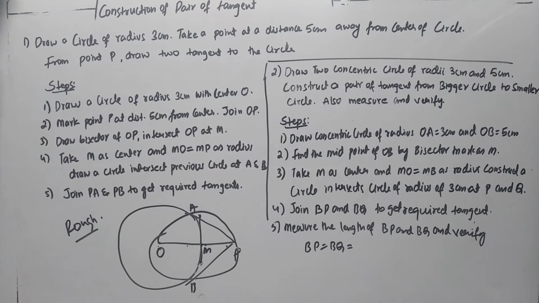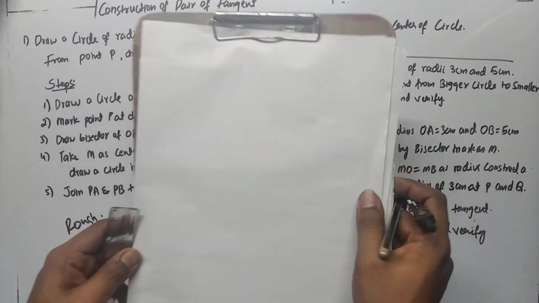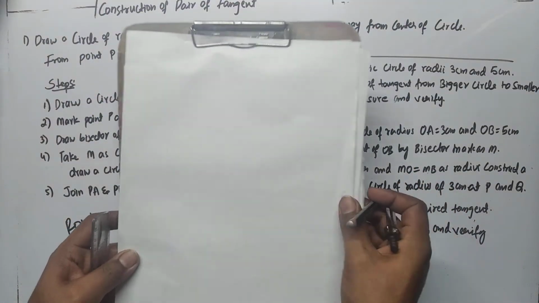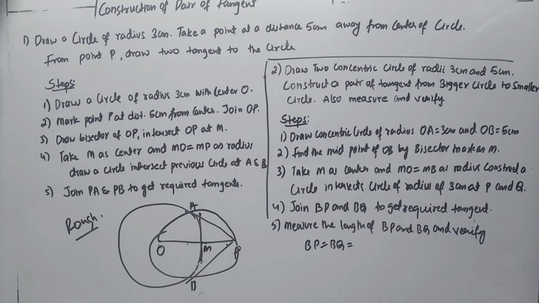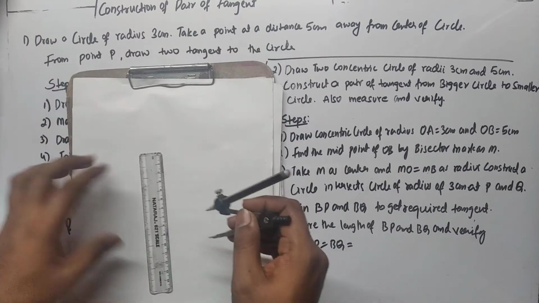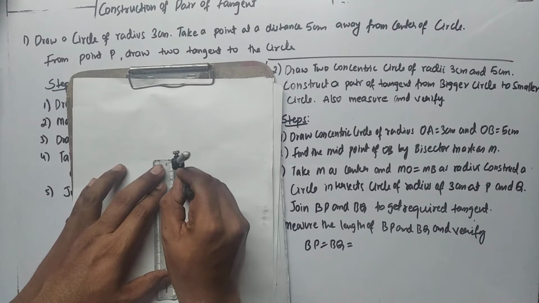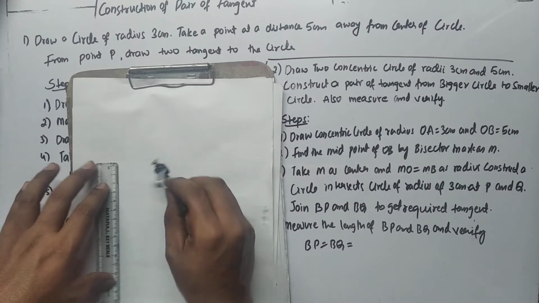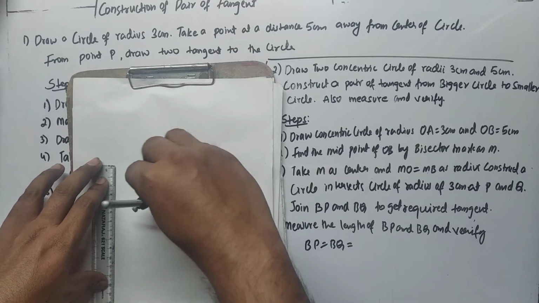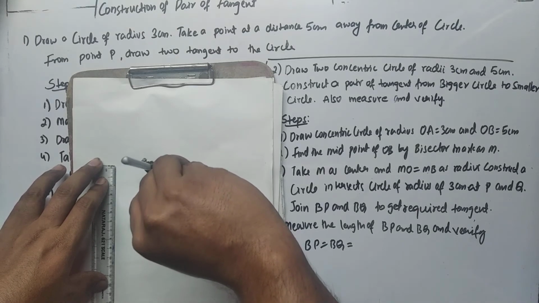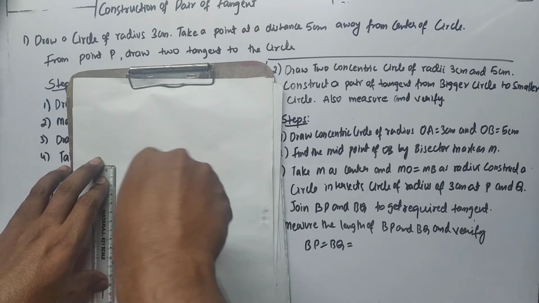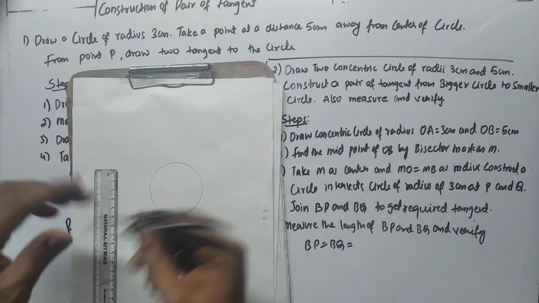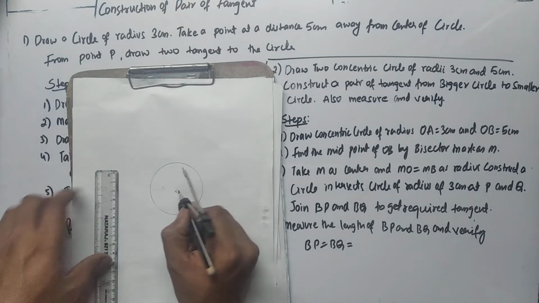I have to draw a circle of radius 3 centimeter with center O. With the help of a scale, I take a measurement of 3 centimeter, mark this point as the center, and draw a circle of radius 3 centimeter. This center point should be marked as O.